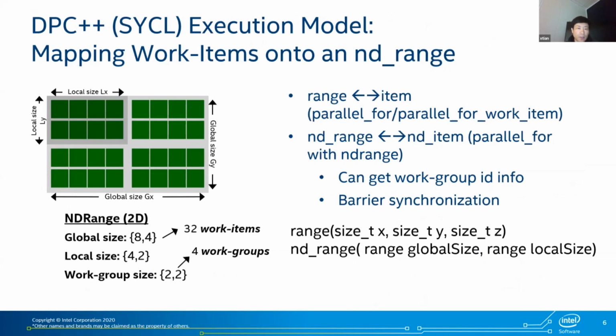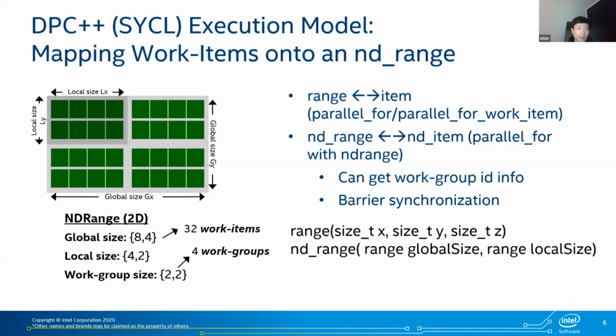So essentially, the SYCL Khronos Group started by leveraging OpenCL concepts. That's why in the current SYCL spec, they use work group and work item as the basic terminology. But overall, it's pretty straightforward for people to understand the ND-range in terms of partitioning your data for multiple threads or multiple execution units to execute concurrently.